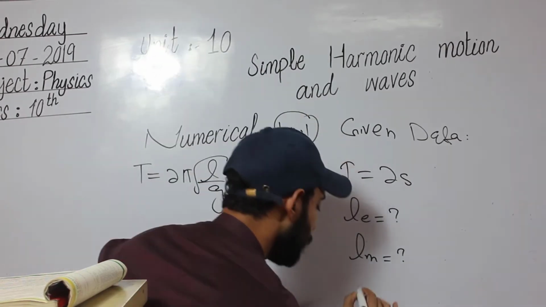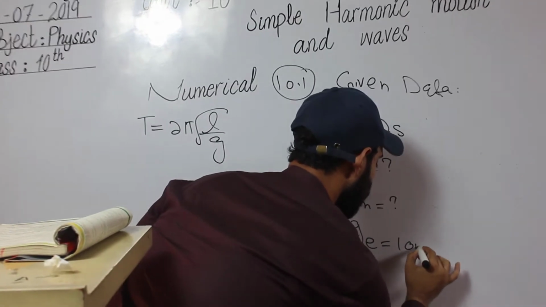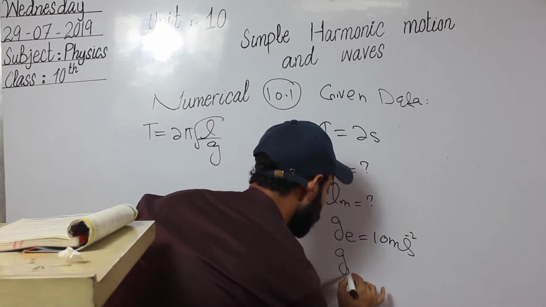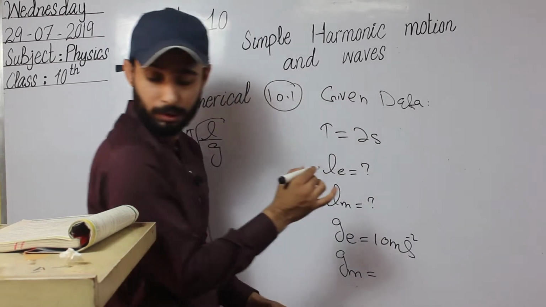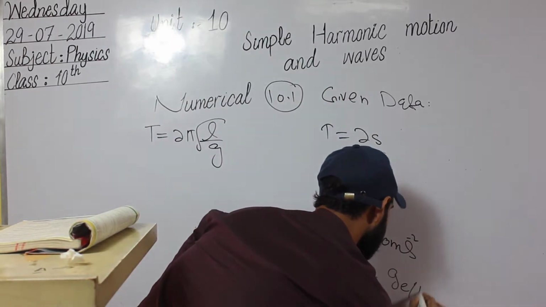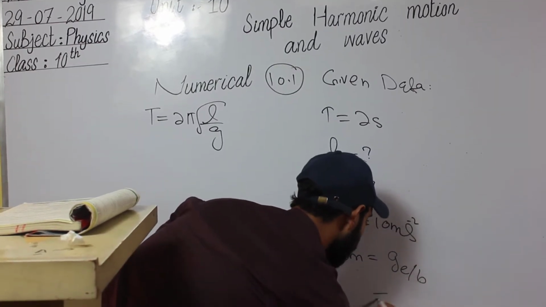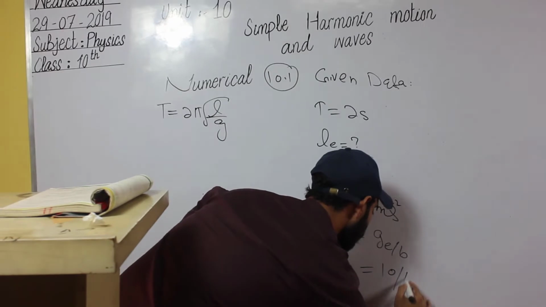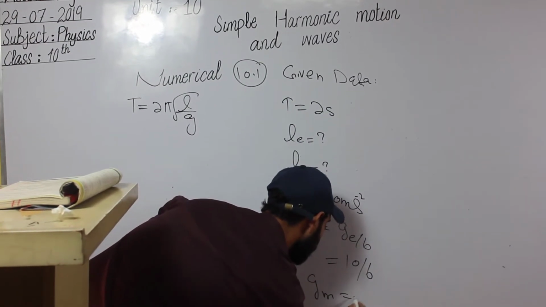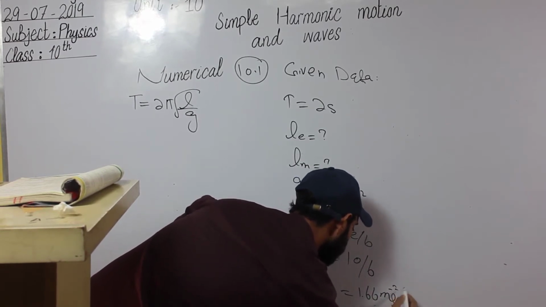The value of G on earth is 10 meter per second square, and the value of G on the surface of moon is GE over 6. GE is already given, so that will be 10 divided by 6. So we get GM as 1.66 meter per second square.